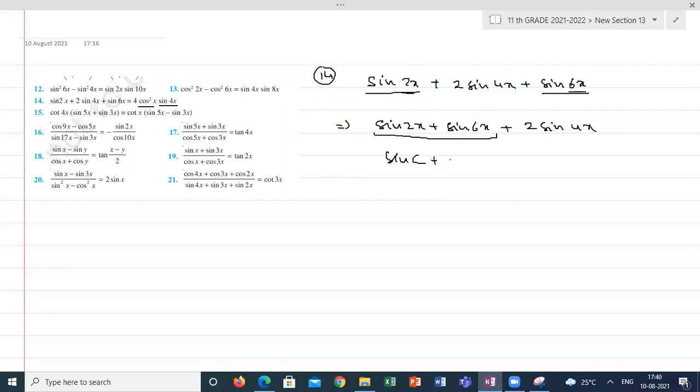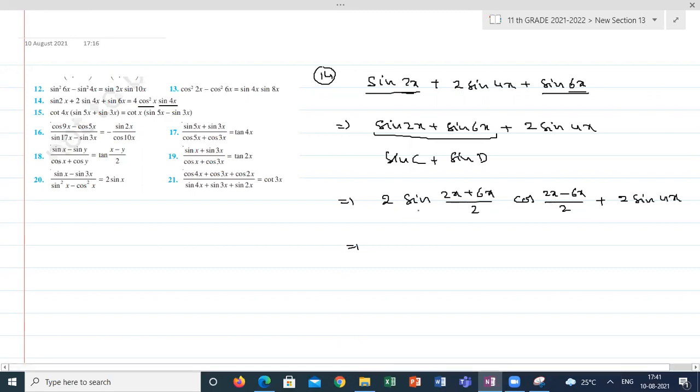This is looking like the sine C plus sine D formula. What is the value of sine C plus sine D, guys? 2 sine (C plus D)/2 cos (C minus D)/2, plus 2 sine 4x. So 2 sine 8x/2 into cos (2x minus 6x)/2. This is 2 sine 4x cos of minus 4x/2, which is cos minus 2x, plus 2 sine 4x.